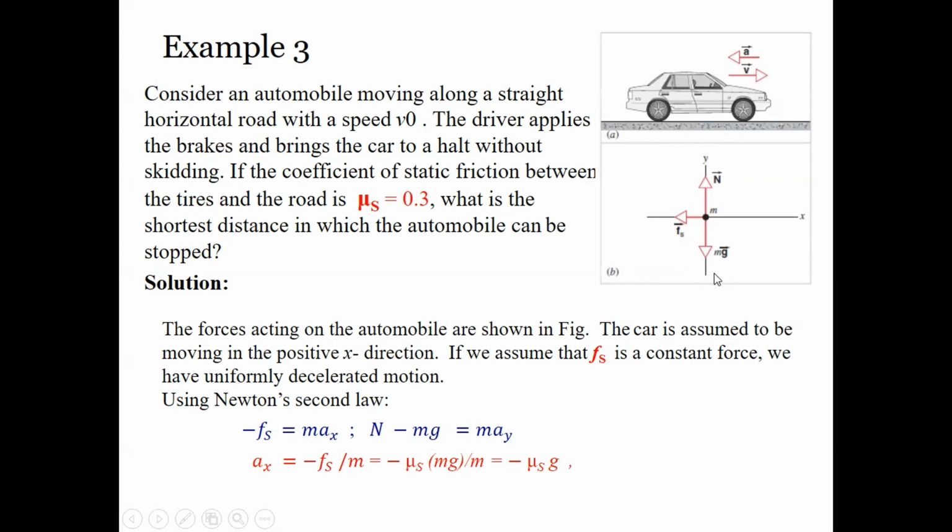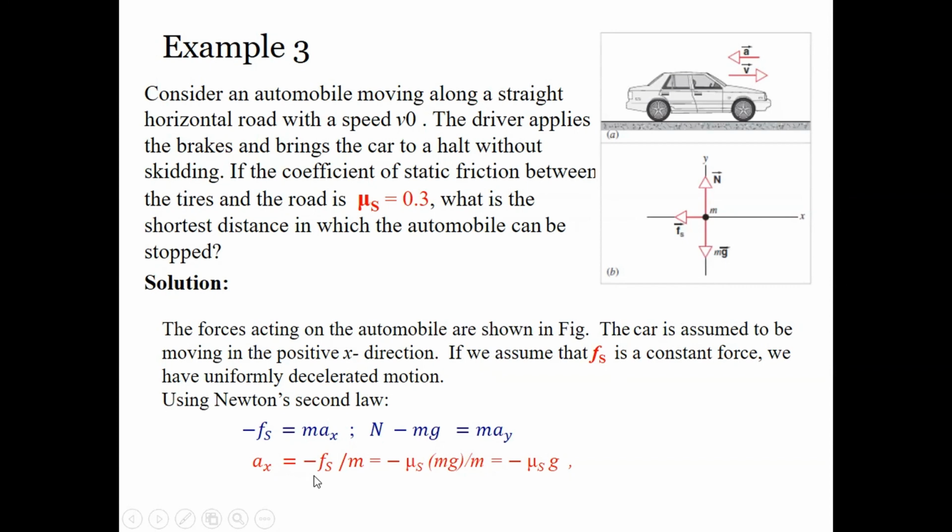So let us balance. The net force along the horizontal direction is minus Fs, in the negative x direction, and it is equal to mass times acceleration. The normal force is in the positive direction and mg is in the negative direction, so N minus mg is equal to m a y.